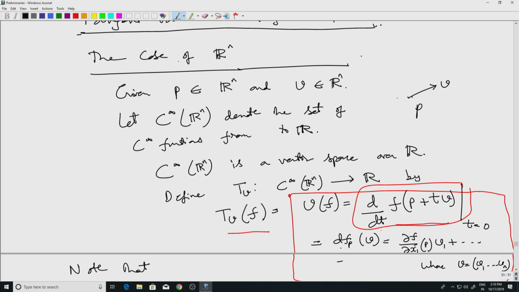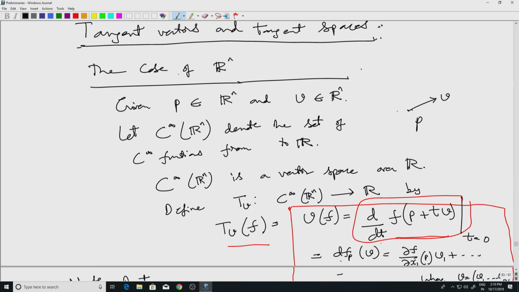The point is that Rn has two kinds of structures. One is as a manifold, or even more basically a topological space. If you think of Rn in that way, then an element of Rn would be called a point.